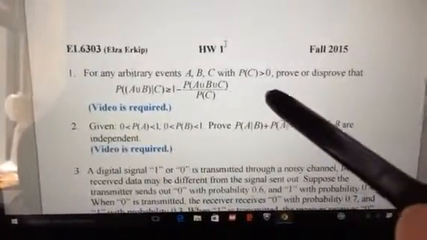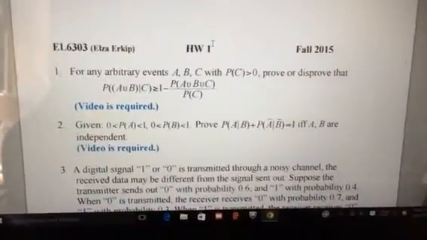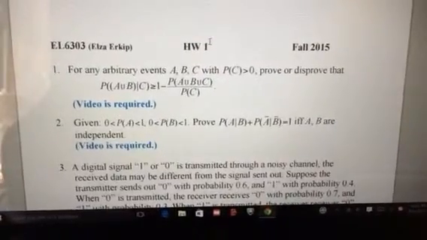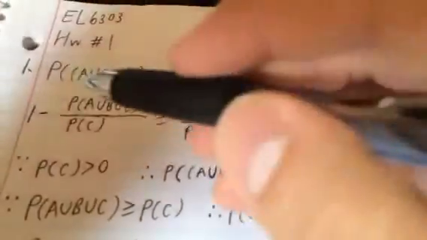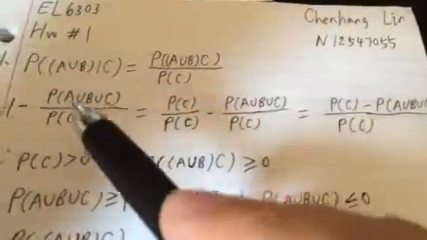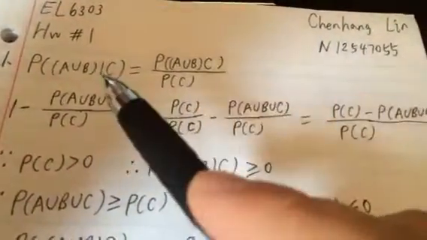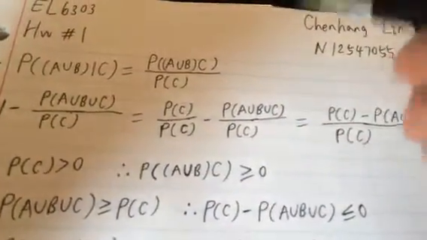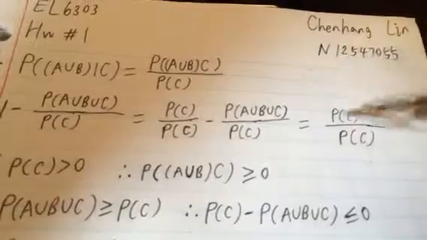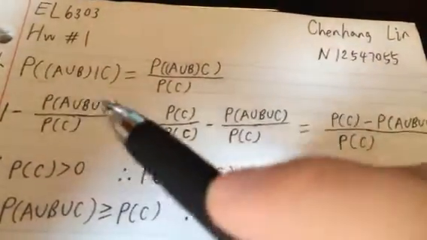For the first question, we have to transform both sides to get the result. First, we are going to transform the left side according to the property of conditional probability.